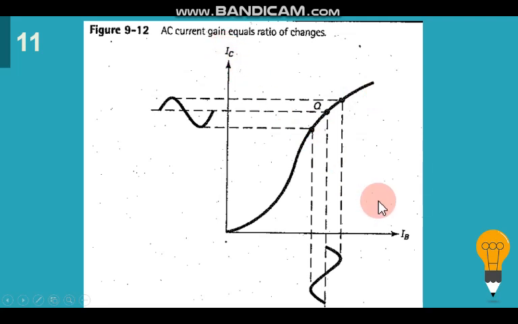Your DC beta will utilize the complete graph based on the location of Q point. Q point can be anywhere on this graph. But if you look at the AC beta, then if we assume the Q point here, then it will utilize only this portion for the AC beta.